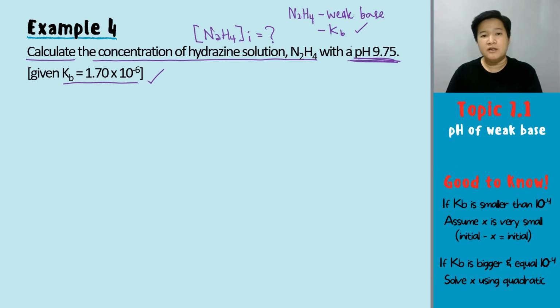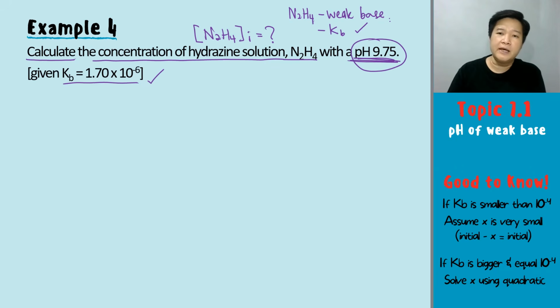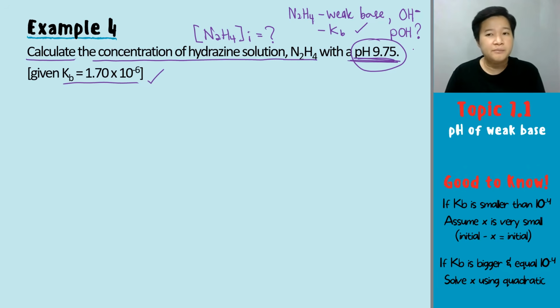So good enough. But the question gives you pH. Knowing that it's a base, I have OH minus. Therefore, I need to find the pOH value rather than the pH. Therefore, the first step for this question is to find the pOH value. pOH equals 14 minus pH.